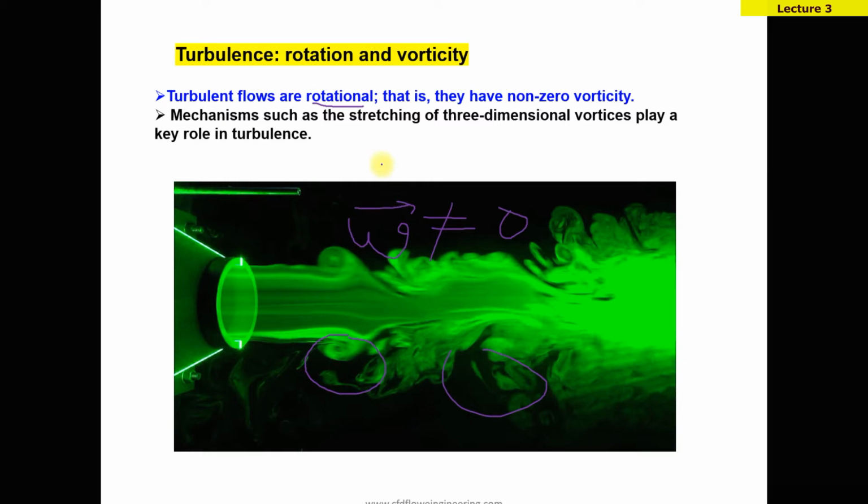What is vorticity? It is the curl of the velocity component. Even the curl of the velocity component can never be zero. You have to note that. And the level of vorticity can be observed down to the smallest level.